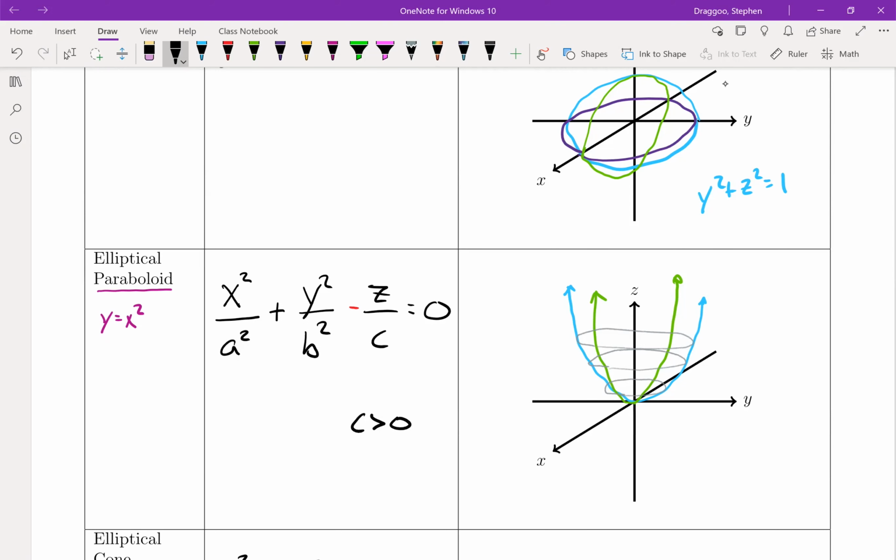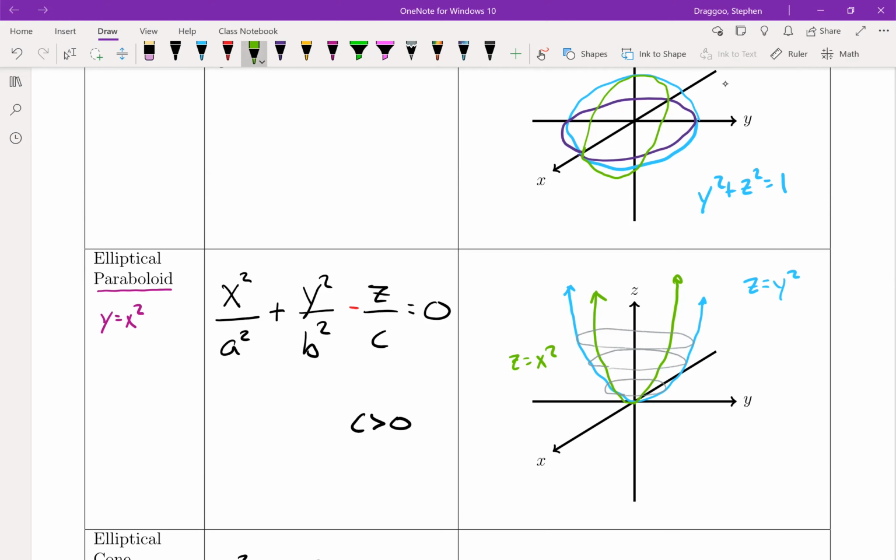But we can go over to the graphs, and if we look at the yz and the xz plane, we end up with z equals y squared in the yz plane. Or let's try that one more time. z equals x squared in the xz plane.